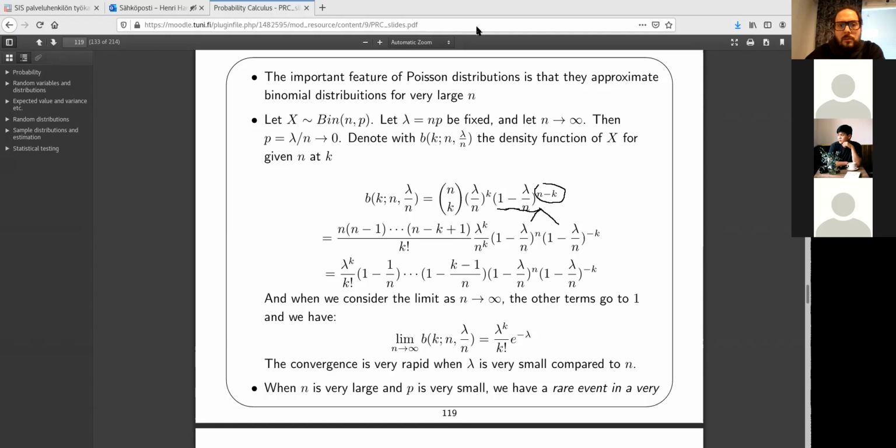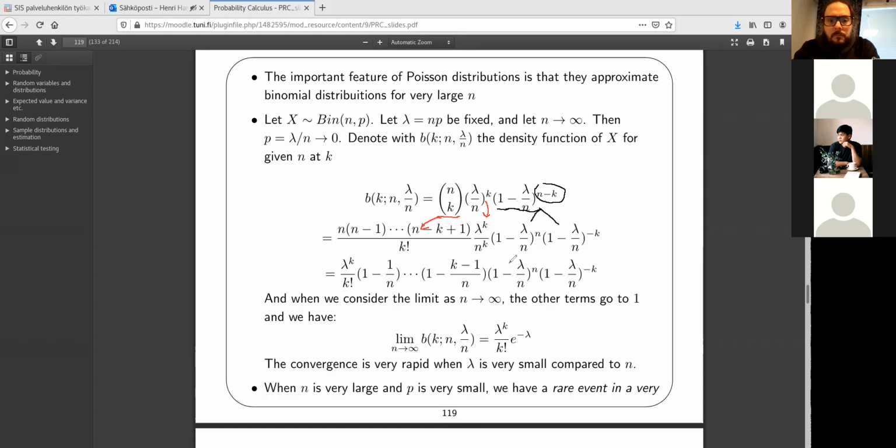Can you see my annotation? Is it visible? Yes. Okay, good. So this n choose k becomes that, and this becomes that over there.